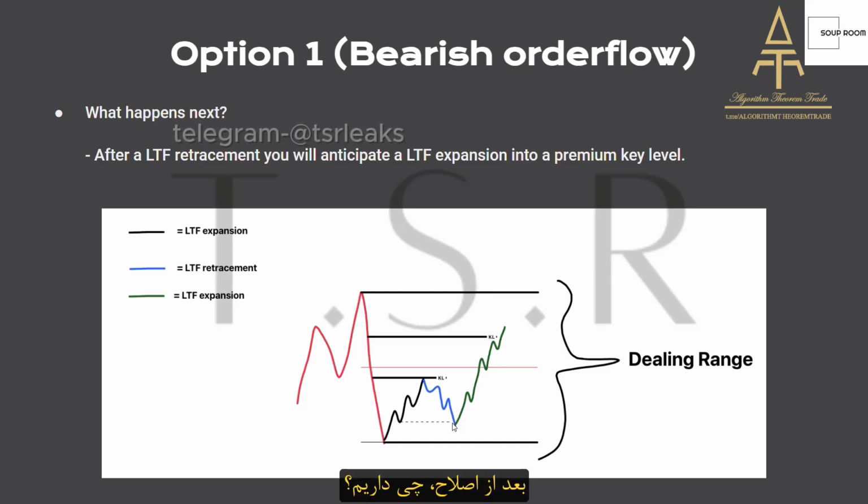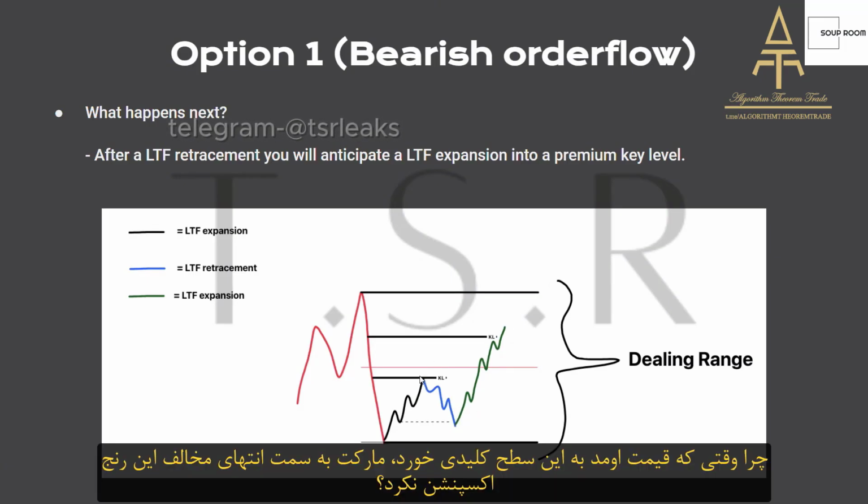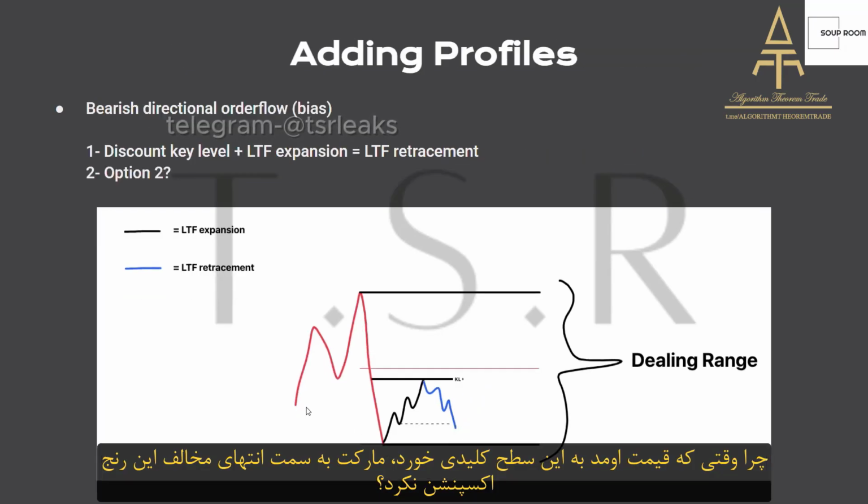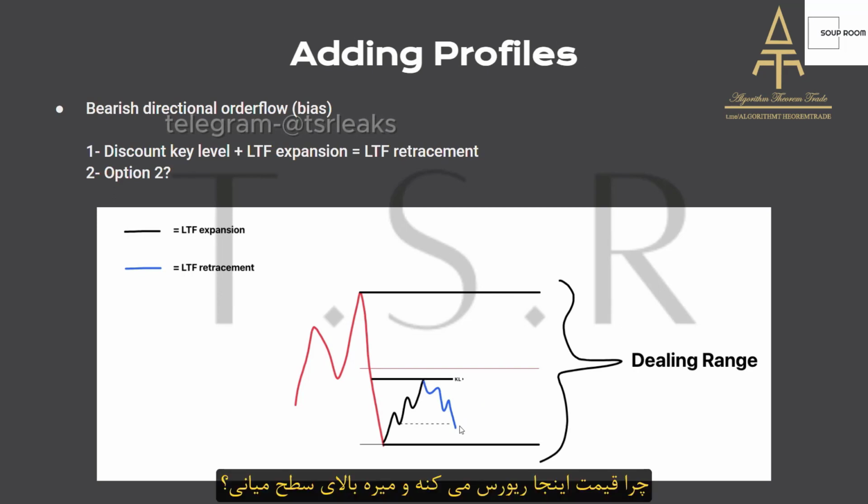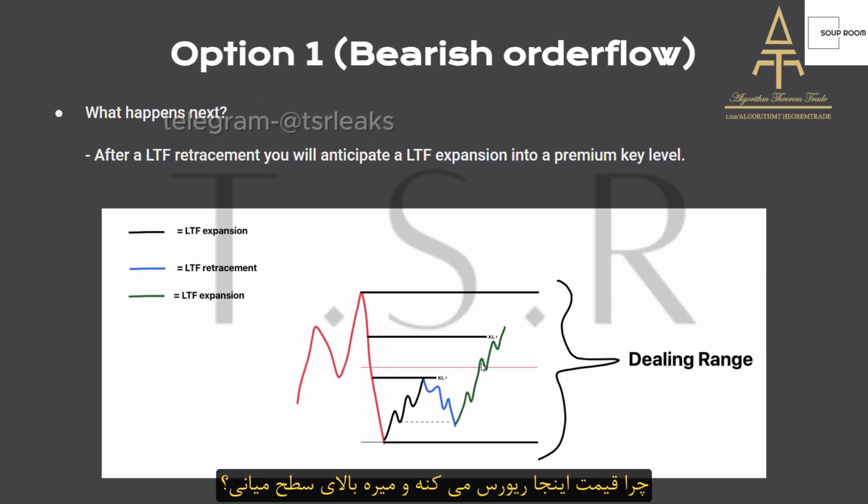After the retracement, what will follow suit? An expansion. Where are we going to expand? Why did price not expand to the opposing end of this range when this key level was hit? Why is price reversing over here and heading above the midpoint?